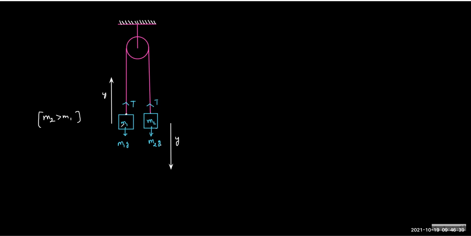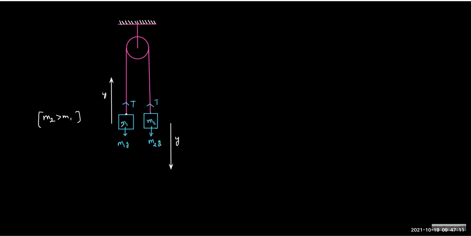And now comes M1G, the gravity force on the M1 block. What is M1G doing? Is it doing positive work or negative work? Negative work. So now the tension is giving energy, and a part of that energy is again taken away by gravity. On one side gravity is giving energy, on the other side it is taking away energy. But because M2G is bigger than M1G, the net energy given is always more than the net energy taken.